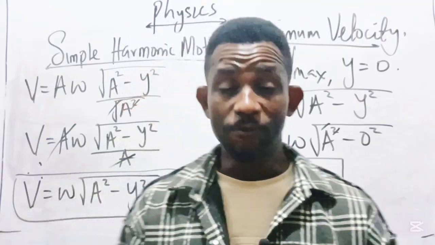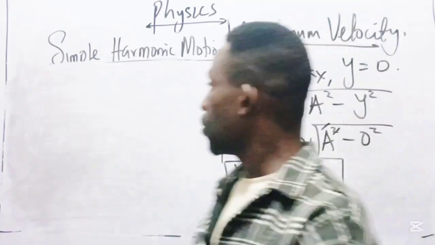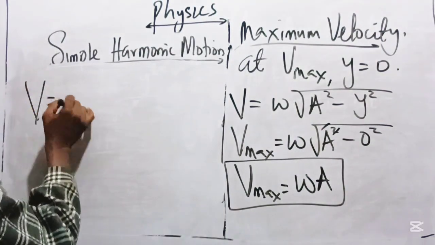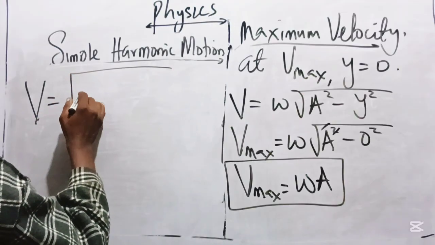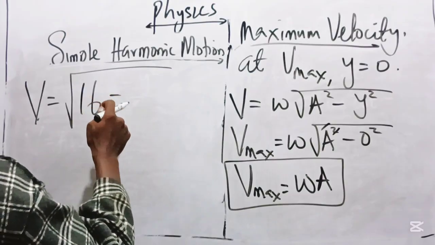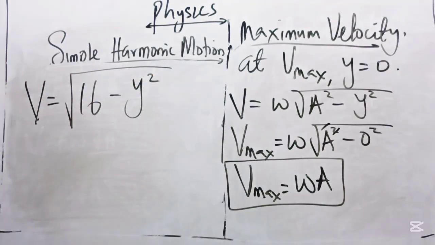Now let's take a very good example on simple harmonic motion. So if we have that the velocity v is given by square root of 16 minus y squared, this is the velocity of a body exhibiting simple harmonic motion.